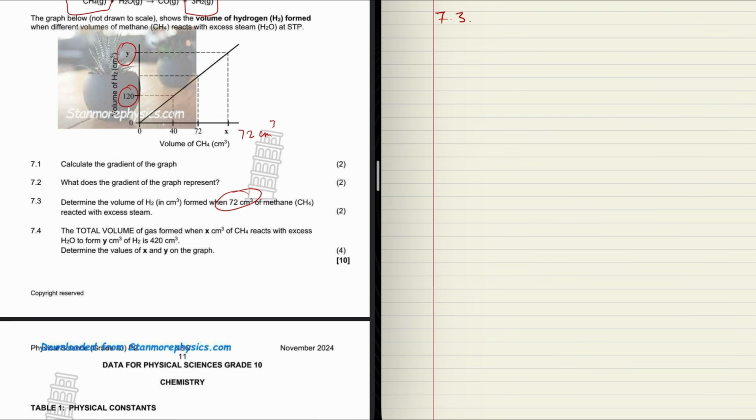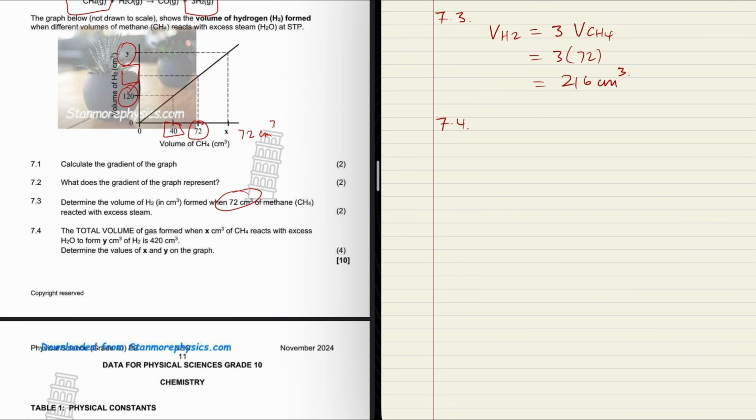If you look at it, from 40 to get to 120, you multiply by 3. So essentially all you've got to do is multiply 72 by 3. So the volume of H2 is going to equal 3 times the volume of CH4. So 3 times 72, and that's equal to 216 cm cubed.